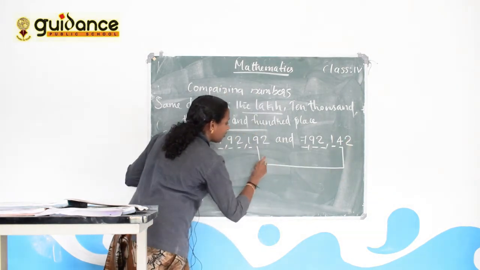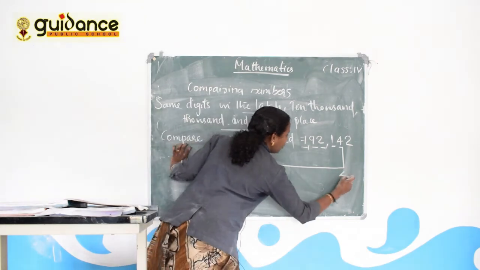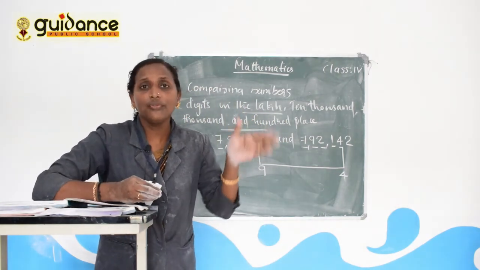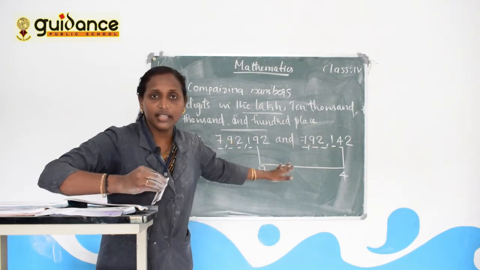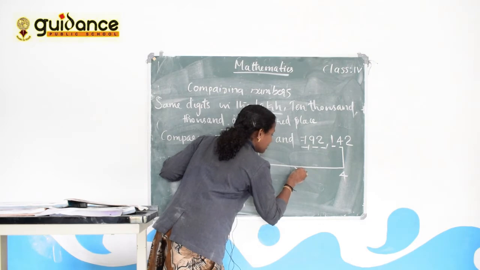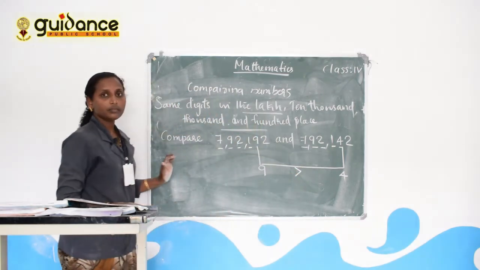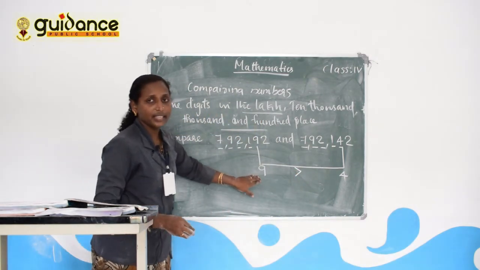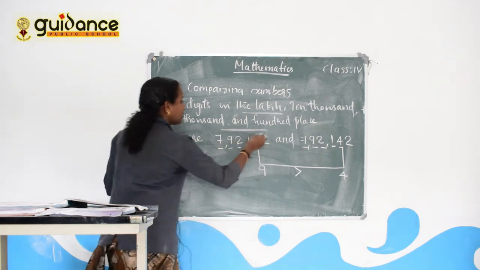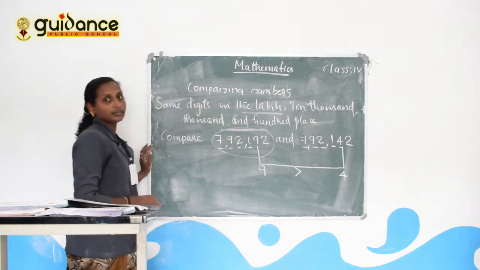That means we will compare 9 and 4. So which is the greatest number, 9 or 4? 9 is the greatest number. That means we will write 9 is greater than 4. The digit 9 is the greatest, so this is the greatest number.